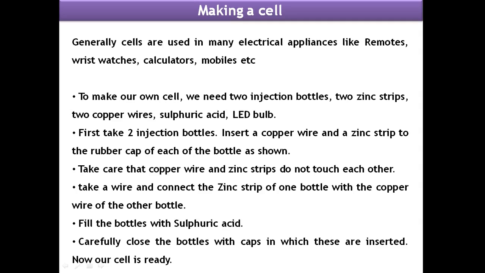Now take a wire and connect the zinc strip of one bottle with the copper wire of the other bottle. Fill the bottles very carefully with sulfuric acid. Carefully close the bottles with the caps in which copper wires and zinc strips are inserted. Now our cell is ready.